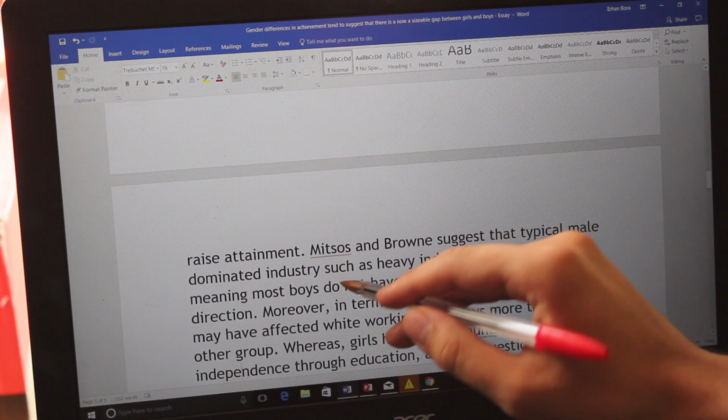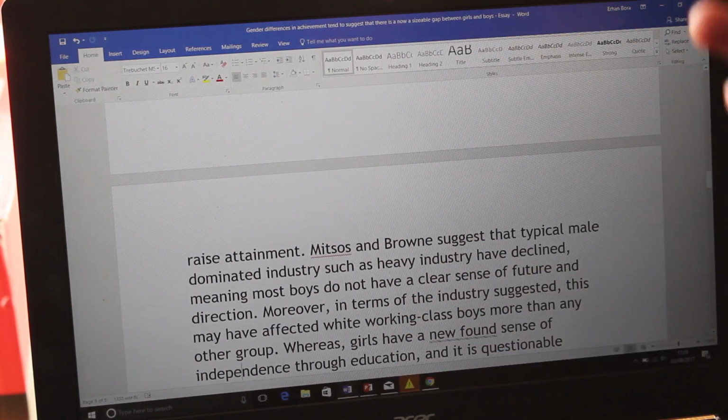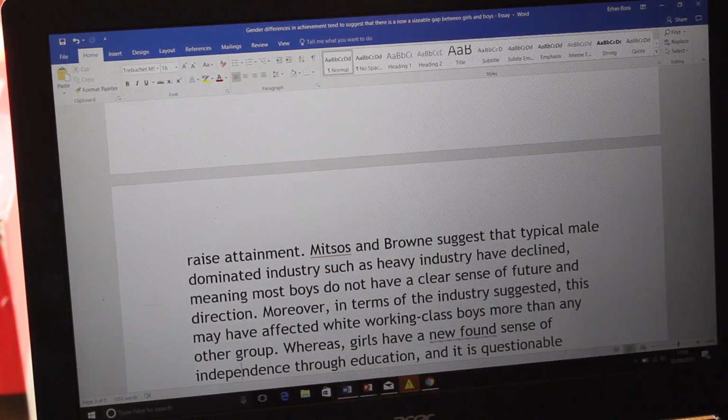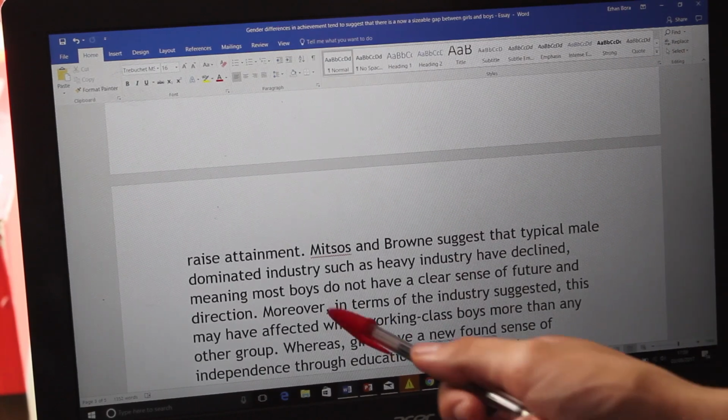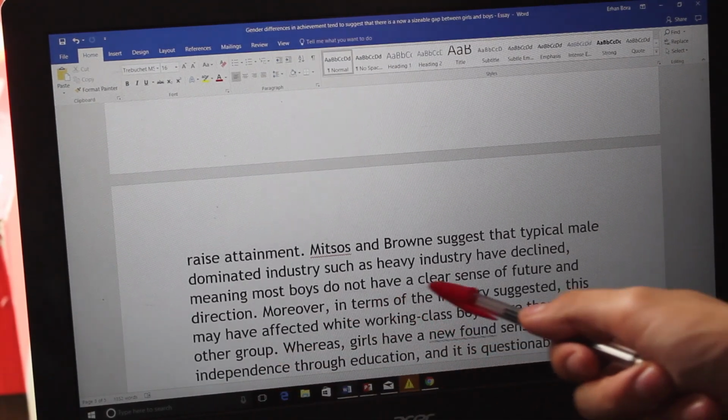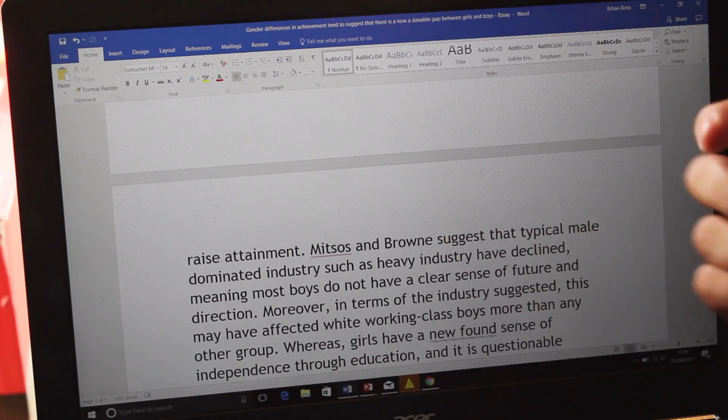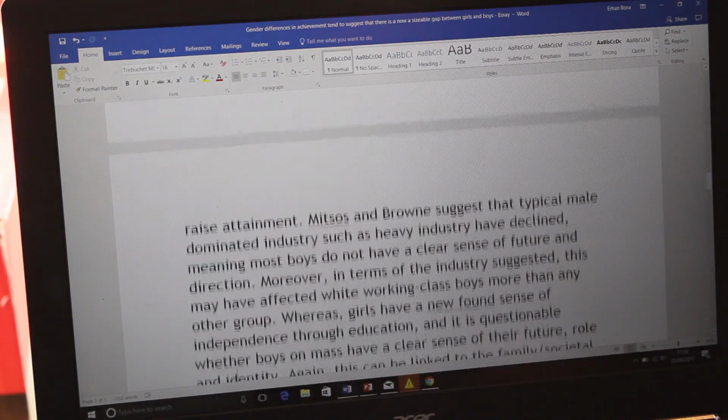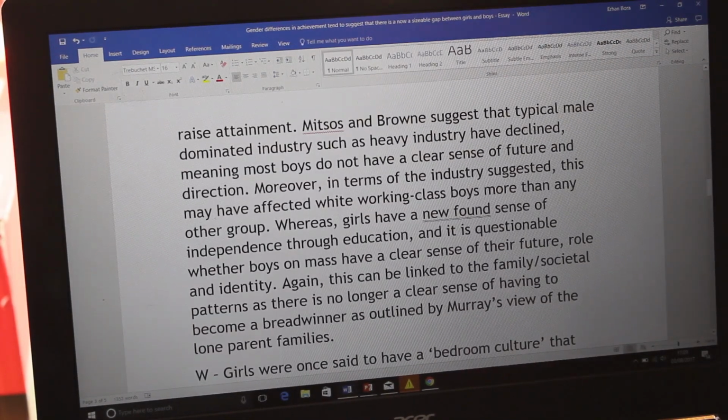Now Mittos and Brown, another theorist, now I've got 4 now, suggests that typical male dominated industries such as heavy industry, like factories and what have you, have declined, meaning most boys do not have a clear sense of future and direction. Moreover, in terms of industry, or the ones that suggested, this may have affected white working class boys.